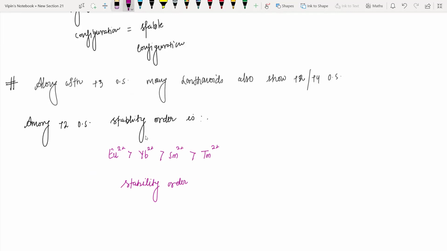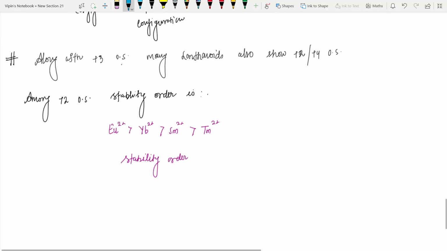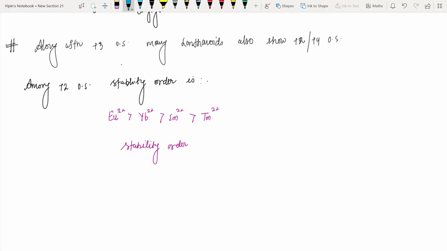Now we will explain why the stability of europium 2+ and Yb2+ is more as compared to that of Sm2+ and Tm2+. In this case, Eu2+ and Yb2+ are stable. The configuration of Eu2+ is xenon 4f7 5d0 6s0, as the configuration for europium is xenon 4f7 5d0 6s2.